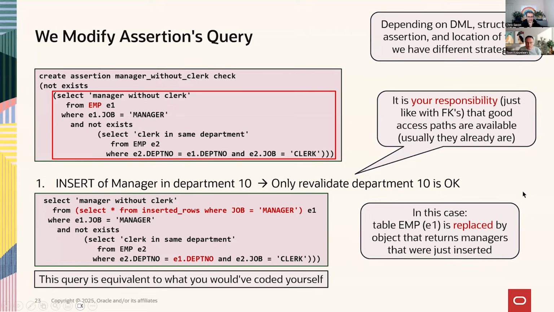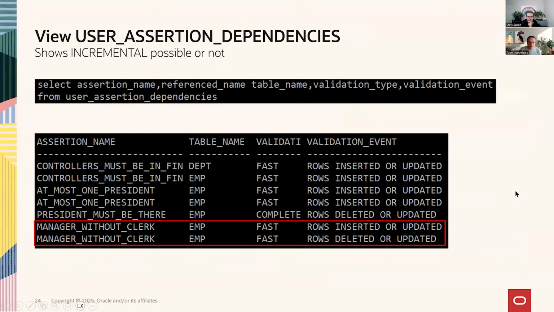So again, we have different strategies for this, but in all of the cases but one, we can do fast revalidation. I've given you 4 examples so far. We have another dictionary view, user assertion dependencies, where we track the tables that you are referencing in a SQL assertion.